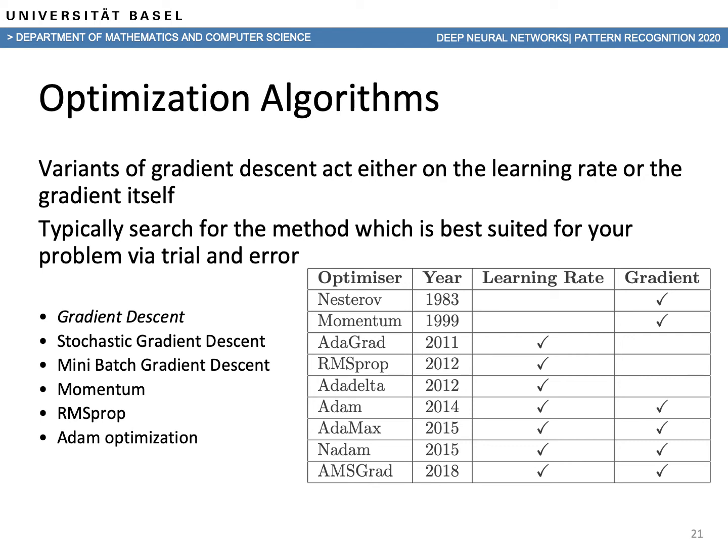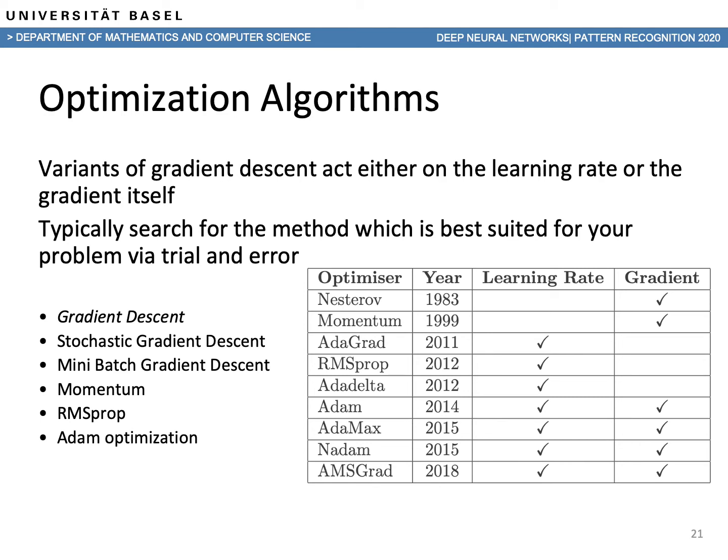So all of these methods are variants of gradient descent, and they act either on the learning rate or on the gradient itself, or both, in order to stabilize the training.